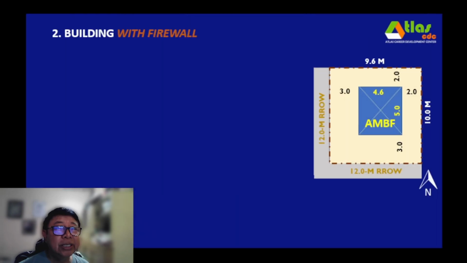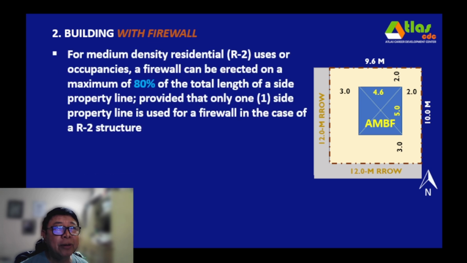So since the building will have a firewall, we have to look at the provisions in the building code pertaining to firewall limitations. And for medium density residential R2 uses or occupancies, a firewall can be erected on a maximum of 80% only of the total length of a side property line.